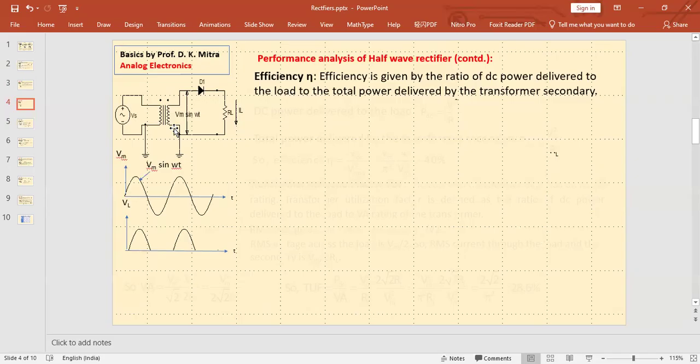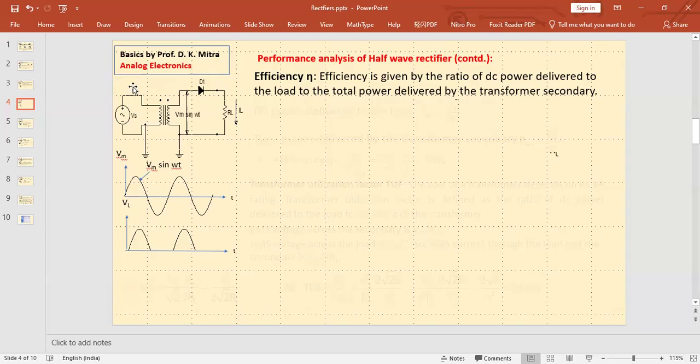Right? So efficiency of any equipment, of any engine, of any person, of anything is the ratio of how much job he delivers divided by how much food or how much input has been given to him. That is efficiency.